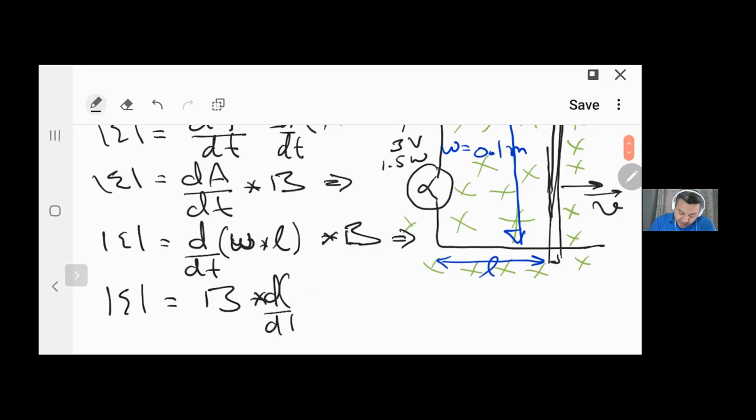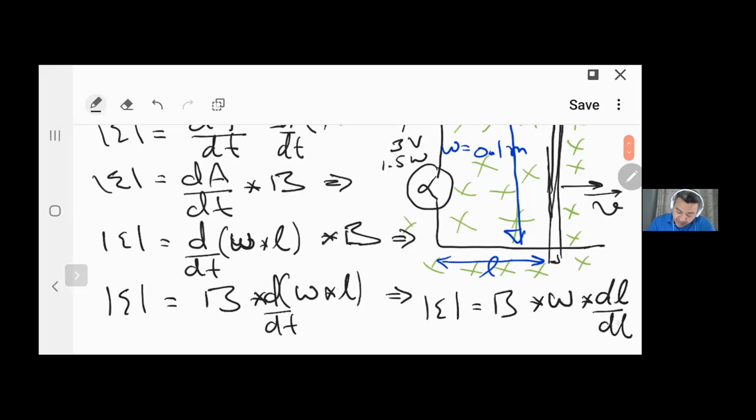The electromotive force equals B times W, constant, goes outside, so I end up with dL over dt.